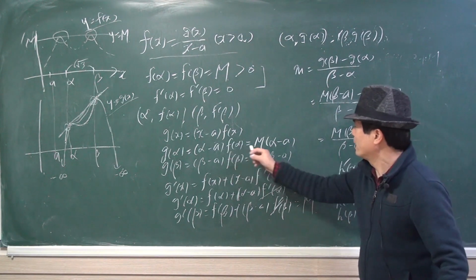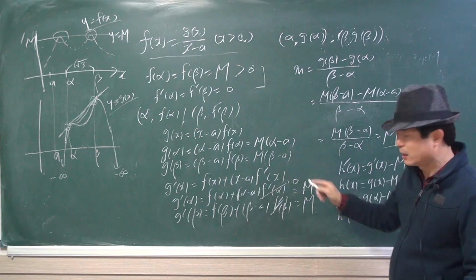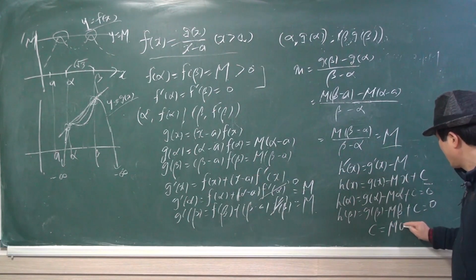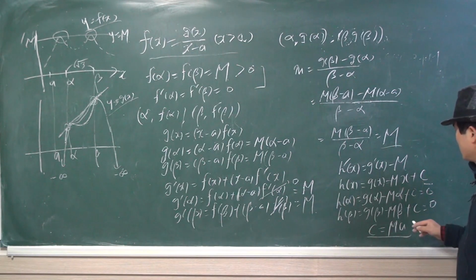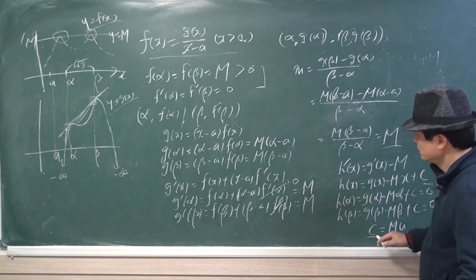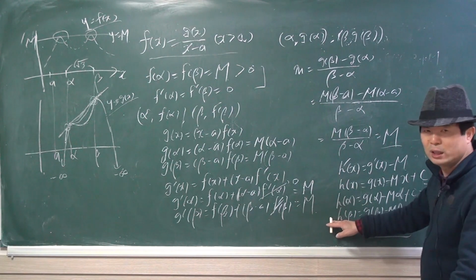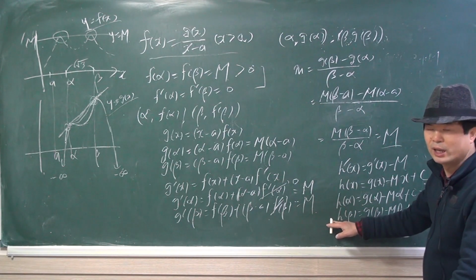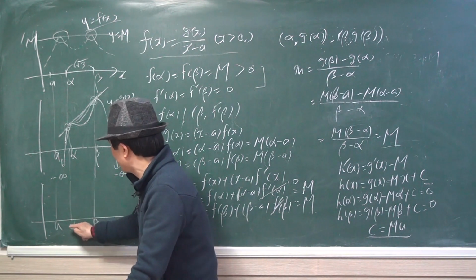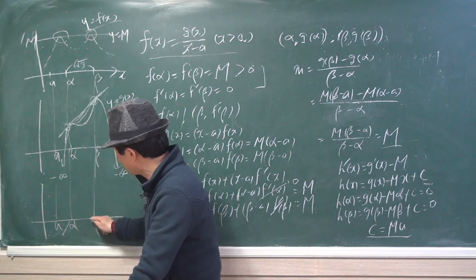Since g(alpha) equals m times (alpha minus a), if c is m a, the requirements are satisfied. So we can sketch the newly introduced function h(x). It is 0 at x equals alpha and at x equals beta.